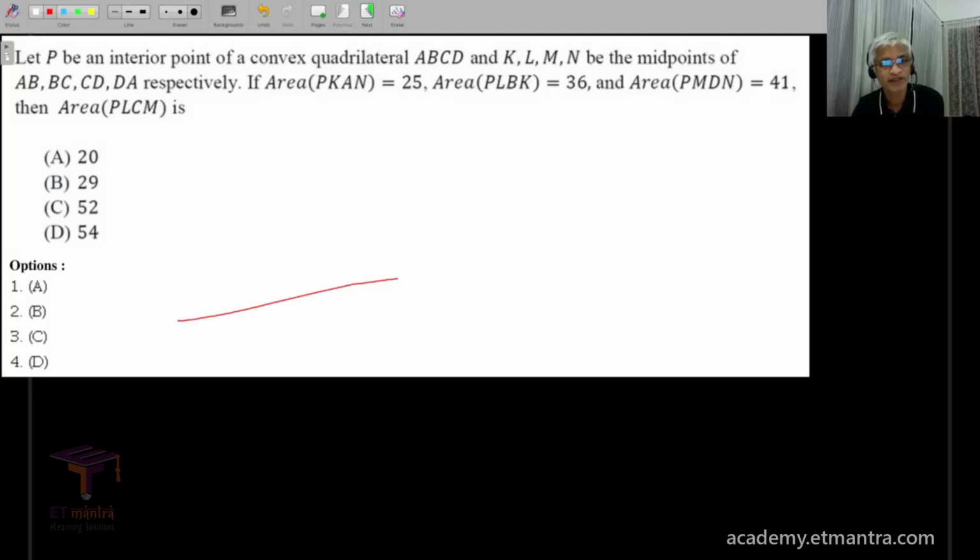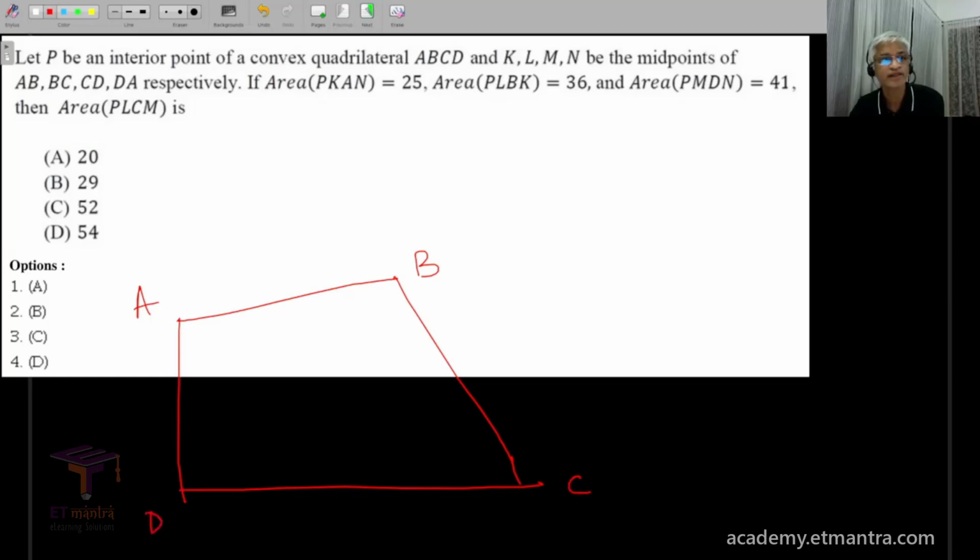So we have a convex quadrilateral, which we shall call ABCD, and there are midpoints K, L, M, and N of the sides of this convex quadrilateral, and it is given that P is some interior point, so P could be anywhere.